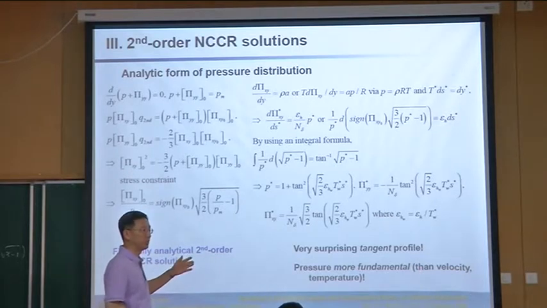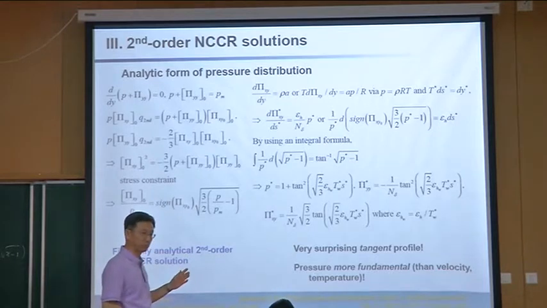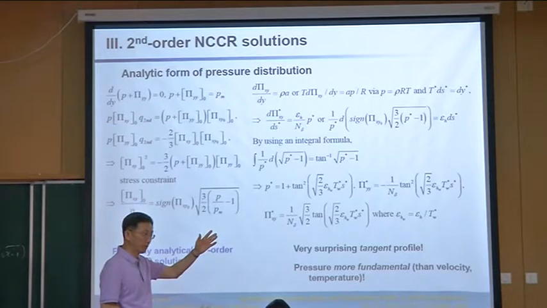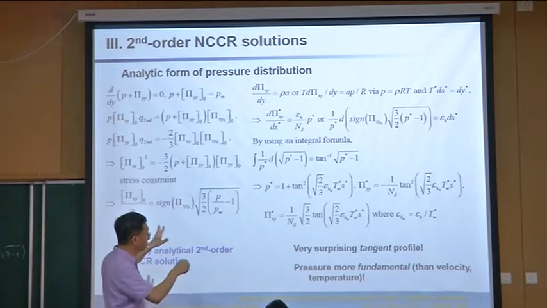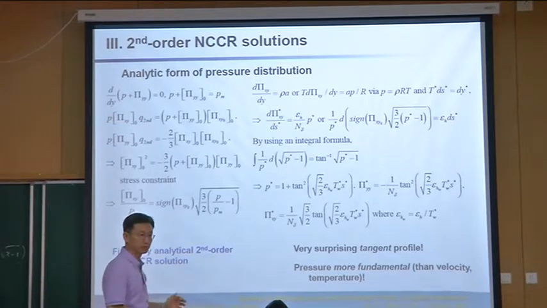Remember, at this stage, we didn't talk at all about velocity and temperature. These things will come later on when you apply the Navier law and the Fourier law. Not here. We only talk about the conservation law and the constitutive stress, a different form of constitutive equation. This stress constraint has no approximation other than second order closure.